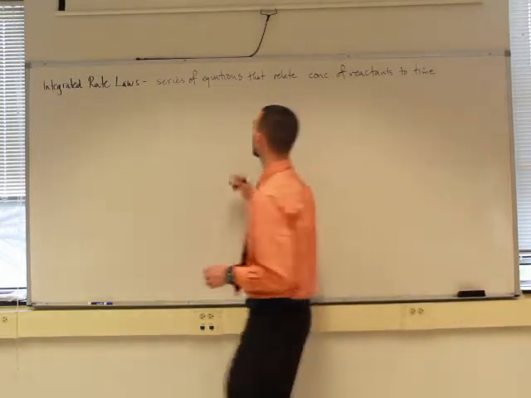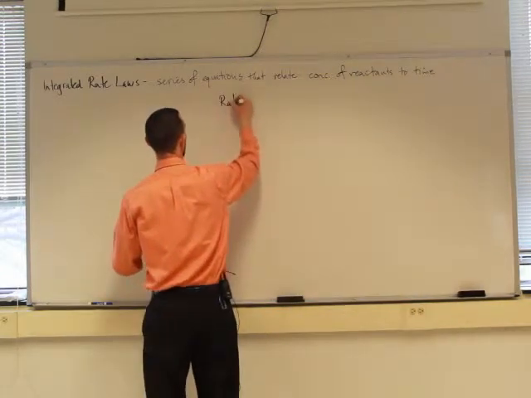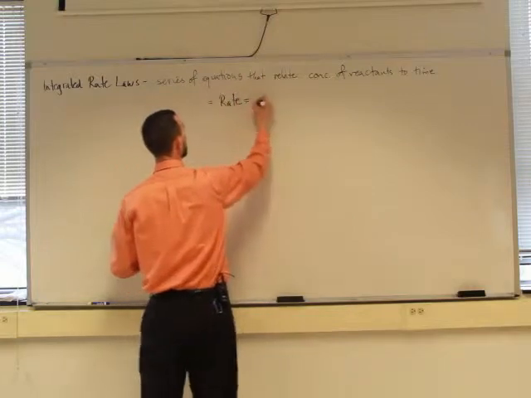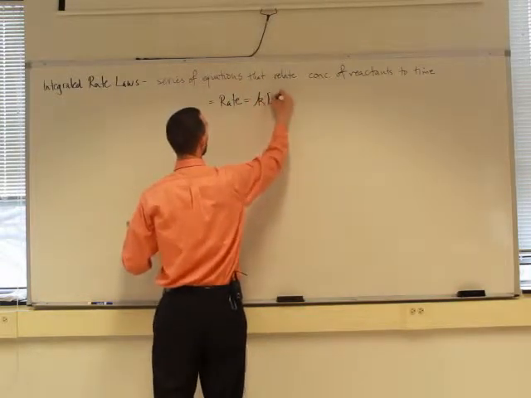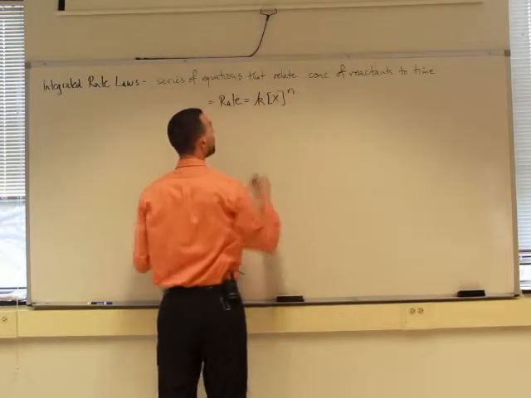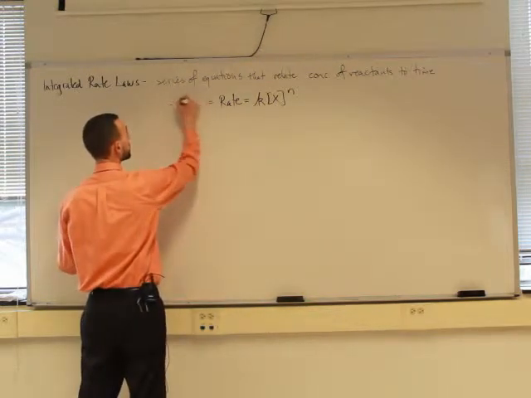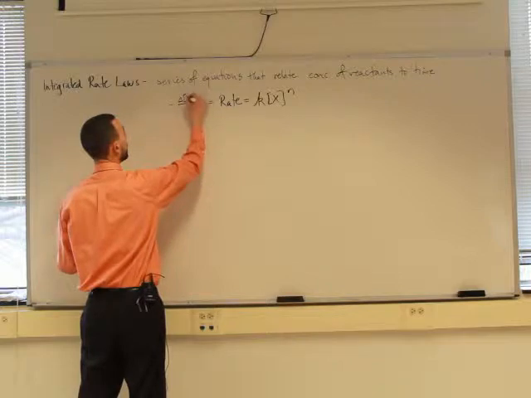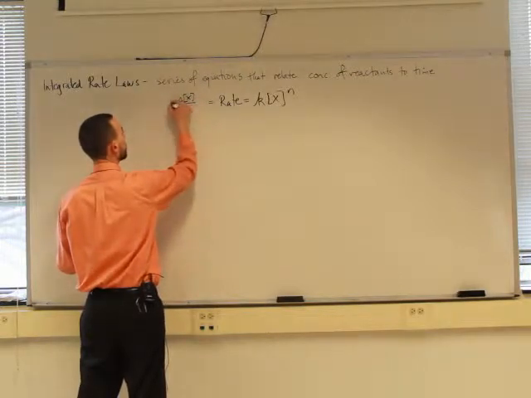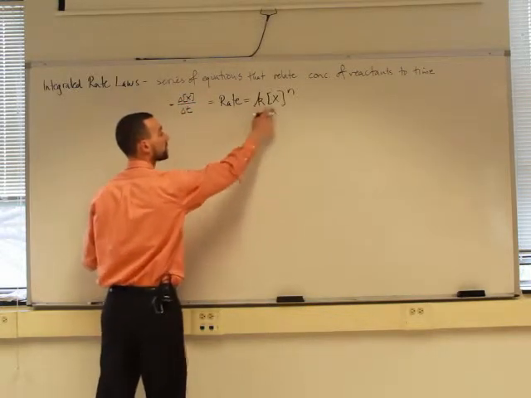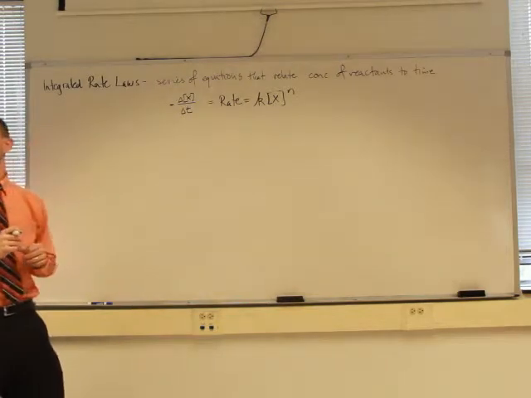Our other forms of rate expression or rate law that we have so far, one has this form that we just worked with, and the other one that we started with has this form. This is our average, this is our instantaneous one over here.